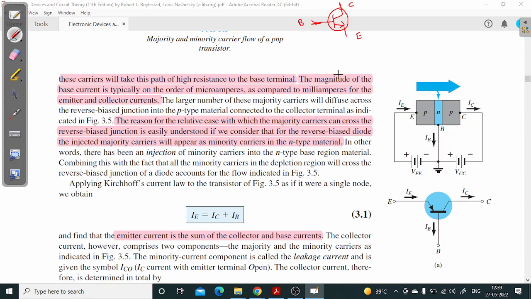The differentiating thing between collector and emitter is that there is an arrow over the emitter terminal. This arrow is pointing outwards for the case of an NPN transistor, NPN BJT, and it will point inwards for a PNP transistor. This is PNP BJT.